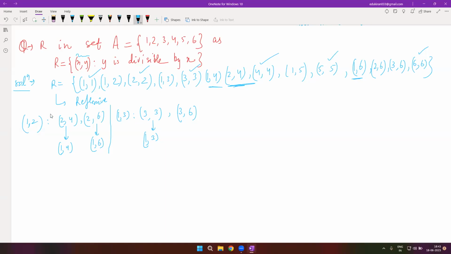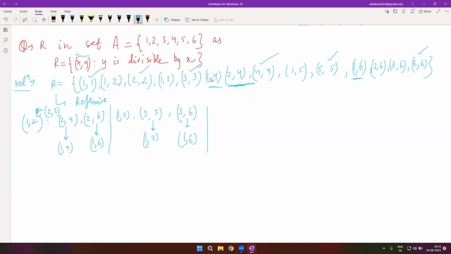Oh, we left 2, 2 here, but obviously we don't need to check 2, 2, because with 2, 2 we need 1, 2. It starts from 1 and ends at 2. So 1, 2 is already present. This is the pair we are comparing, right? So we don't need to check for 3, 3 as well. But if you check, you get 1, 3, which is already present. For 3, 6, 1, 6 should be there, which is already present.